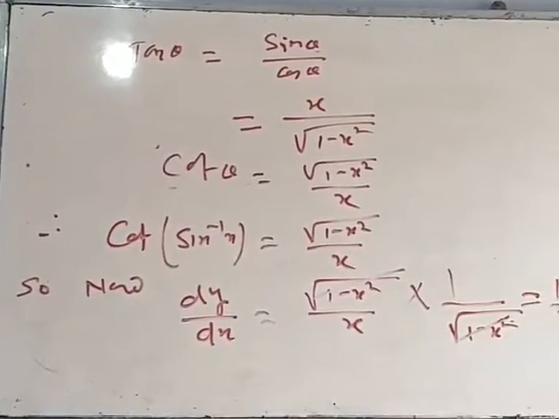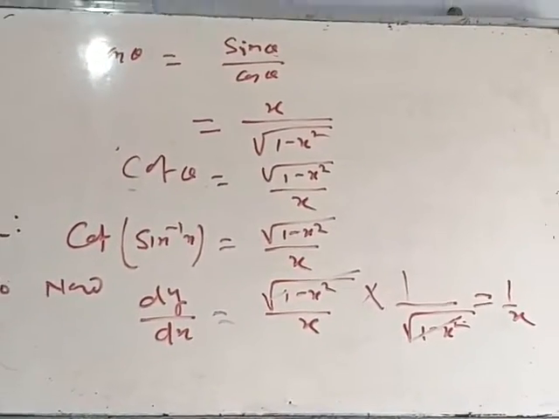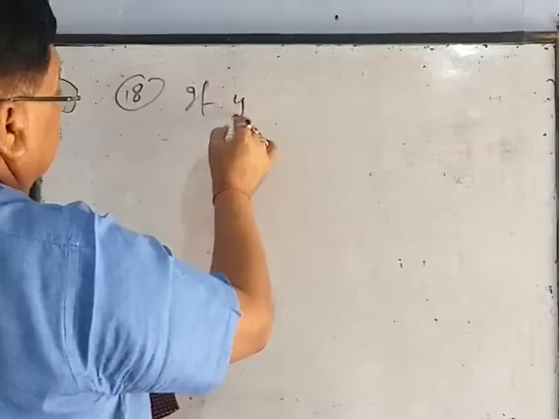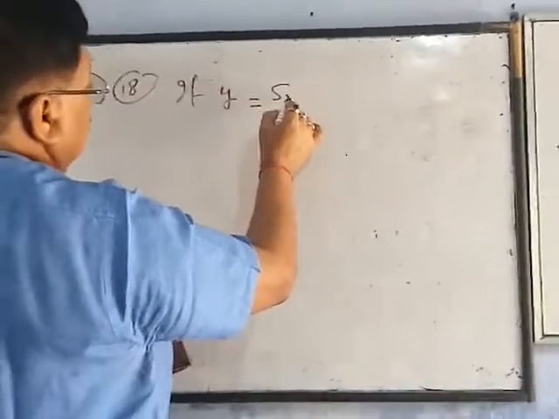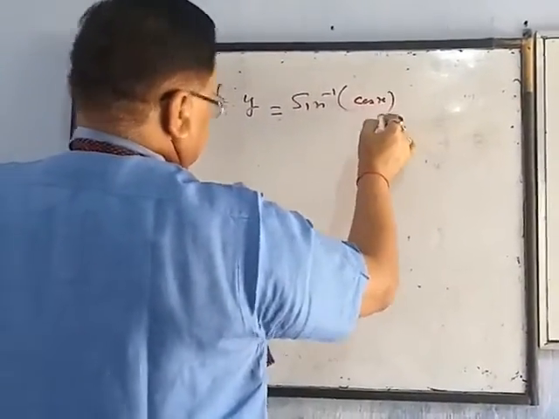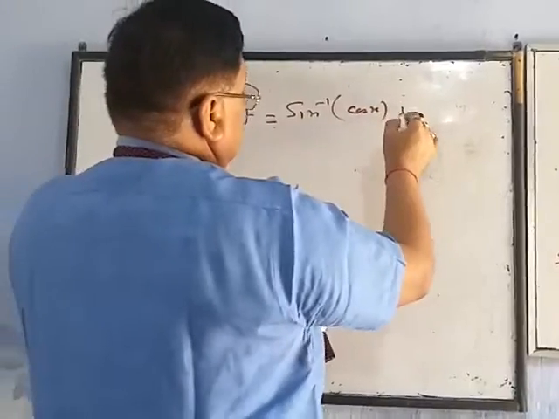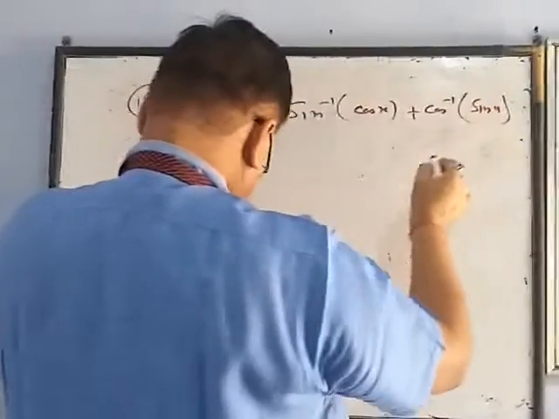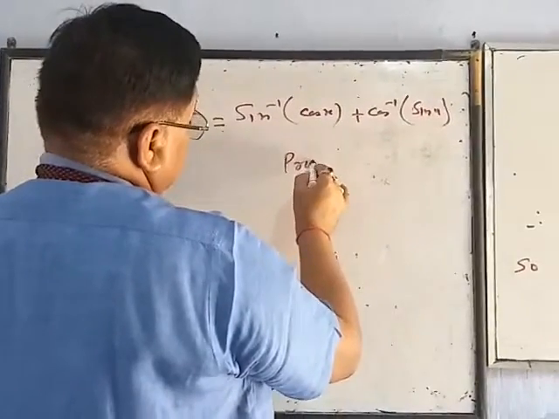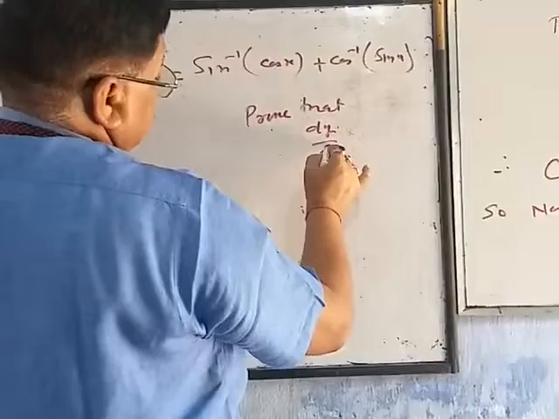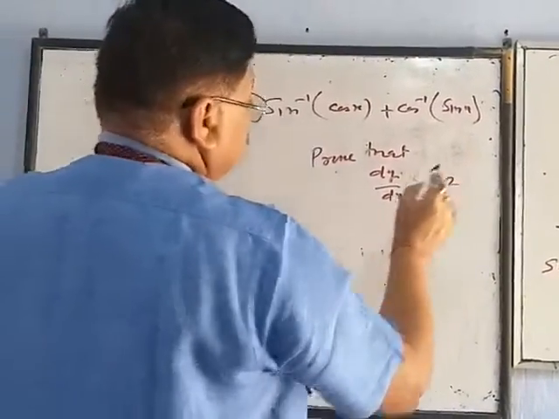Next pattern, student. Next pattern question. y equals sin inverse cos x plus cos inverse sin x. Prove that dy by dx is minus 2.